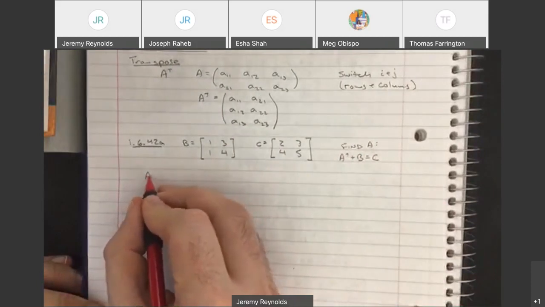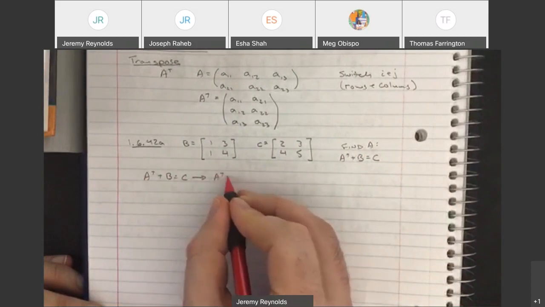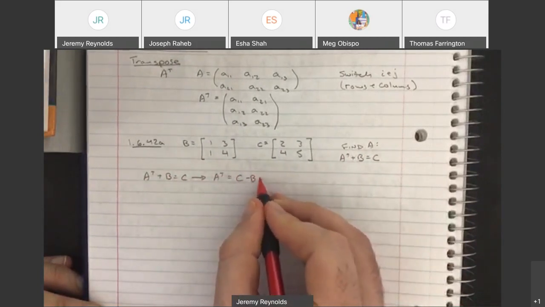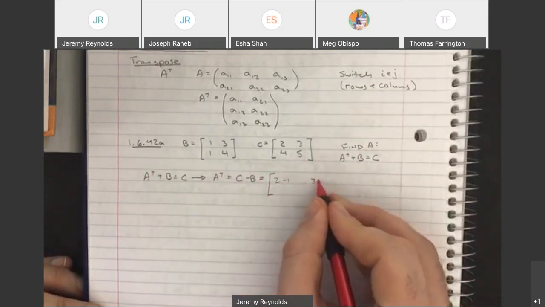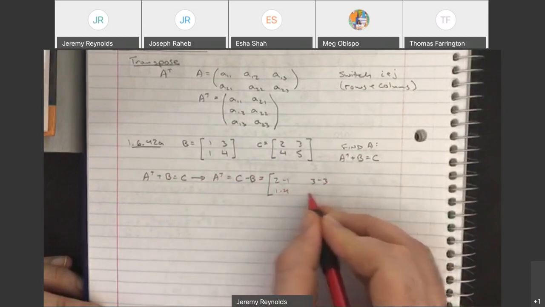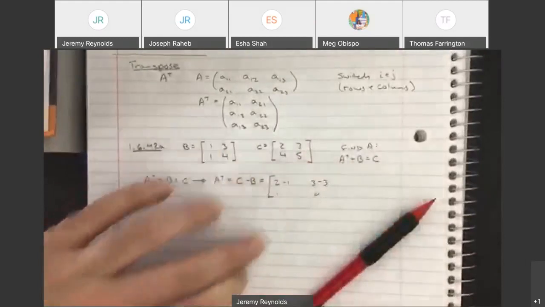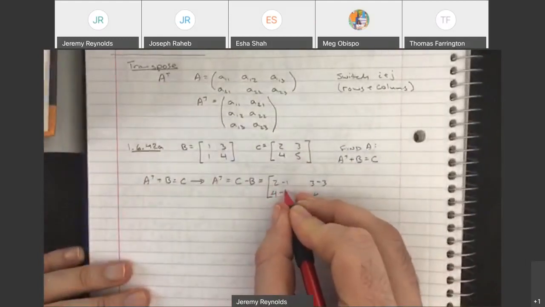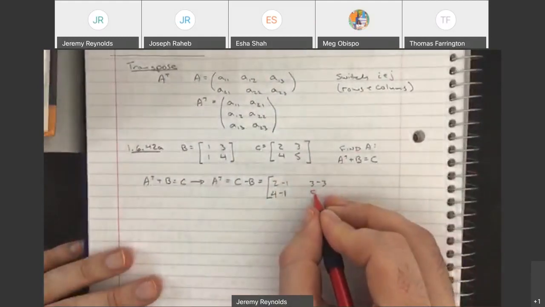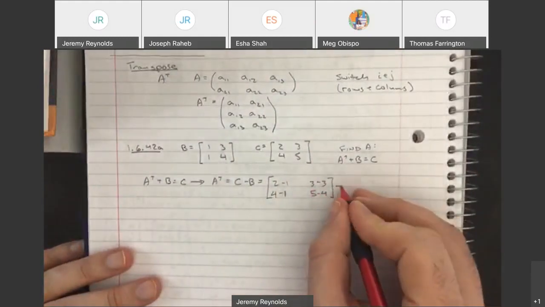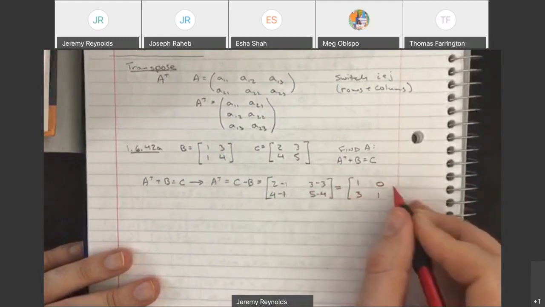So we get A transpose plus B equals C. So A transpose is going to equal C minus B. So looking at that real quick, we just get 2 minus 1, 3 minus 3, 1 minus 4, and 4 minus 1, sorry, and 5 minus 4. That will be 1, 0, 3, 1.